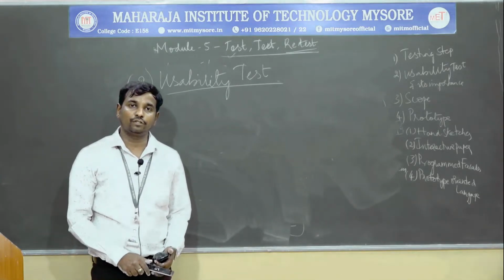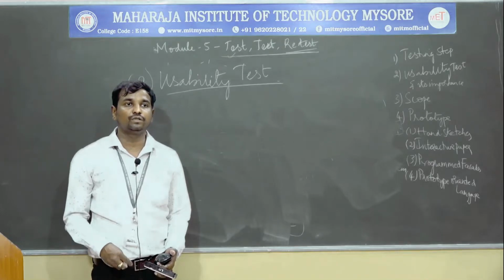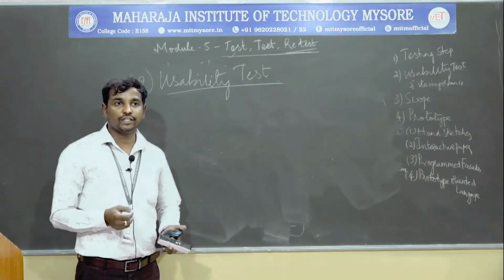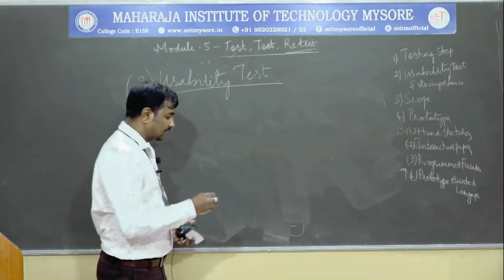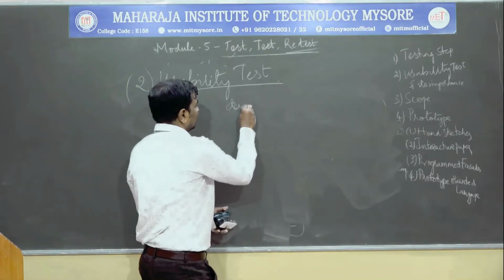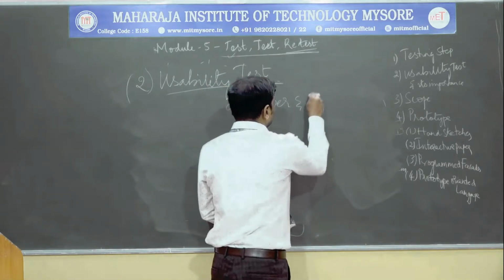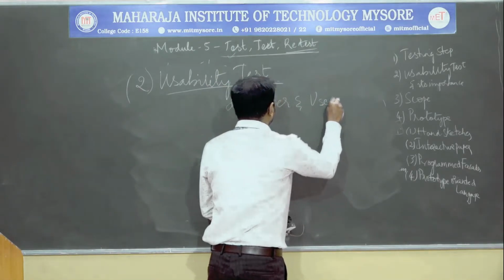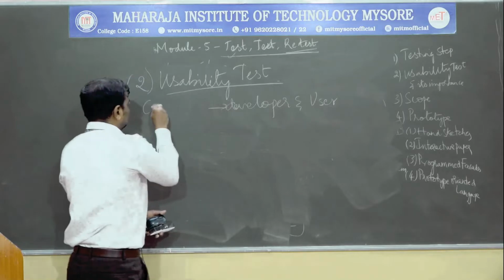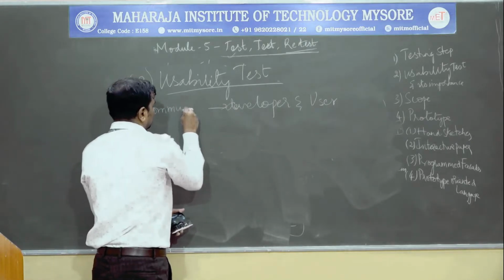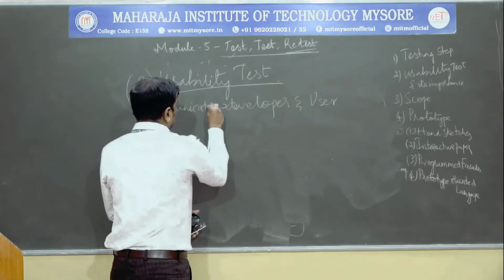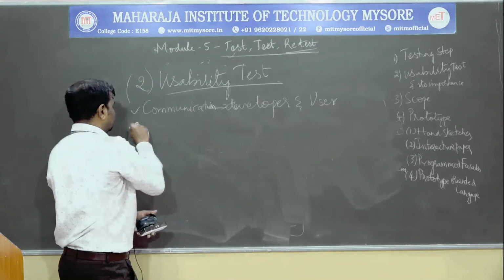Testing needs to be done with the usability test. The main purpose of this usability test is to bridge communication between the developers and the users. This is the main objective.